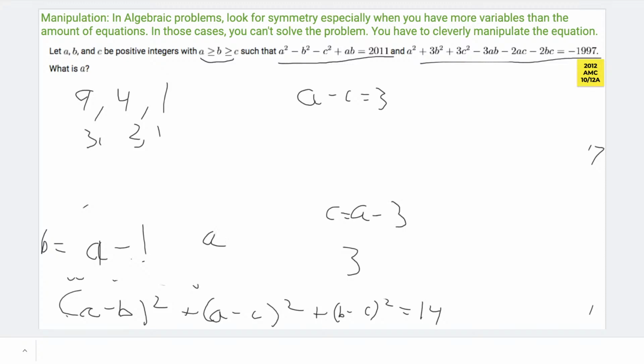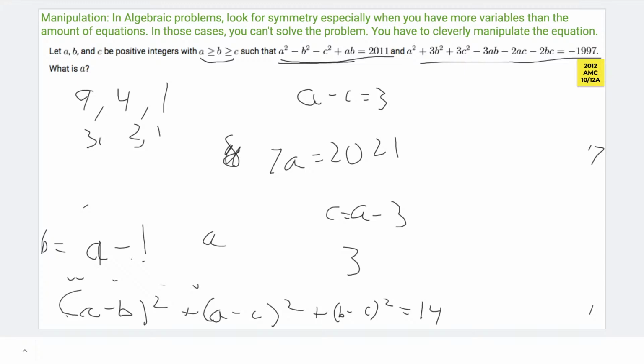And then you can put this back into this equation. We don't have enough time to actually solve it here, because if we put these back in, it's going to be a lot of algebra. But if you do it, for one of the cases you get 7a equals 2021, and if you divide 2021 by 7, that is not an integer. So clearly, that is not going to be the answer.